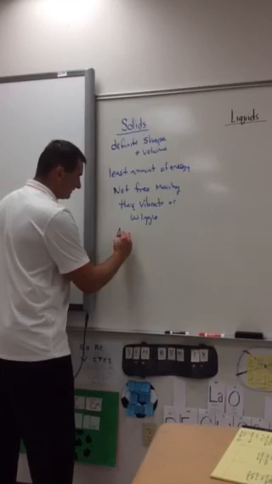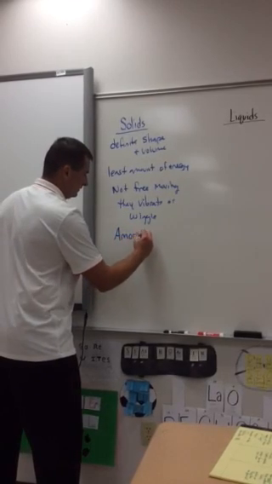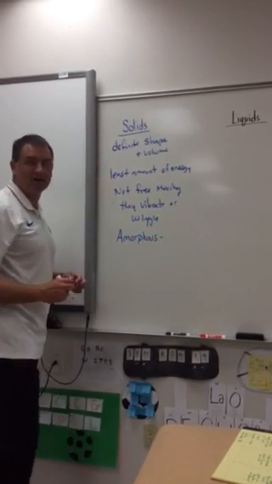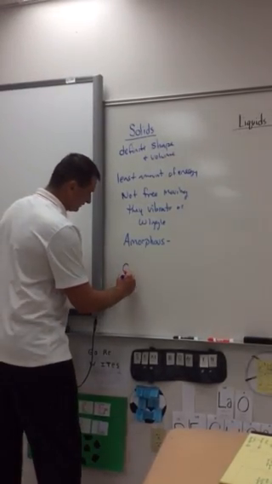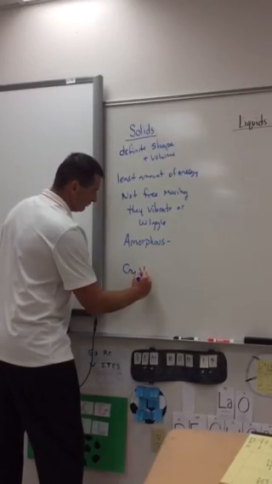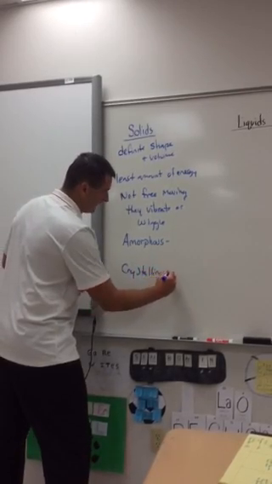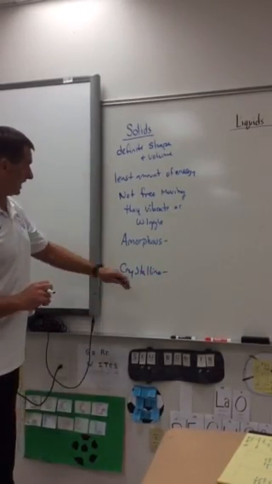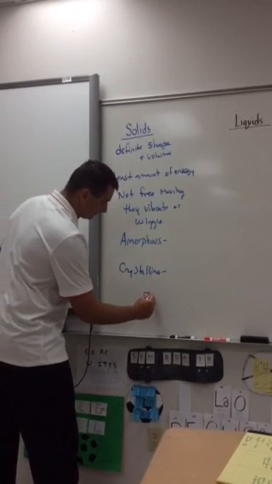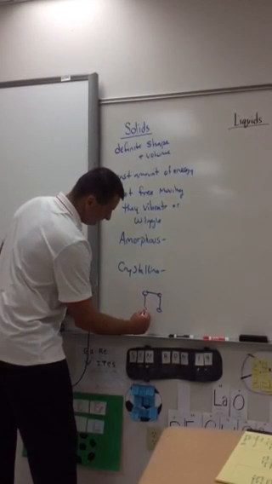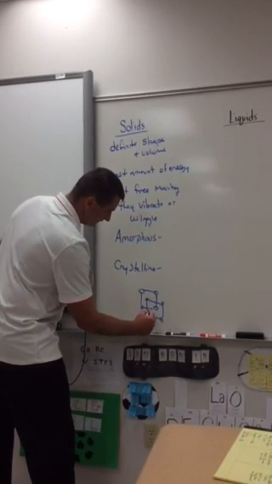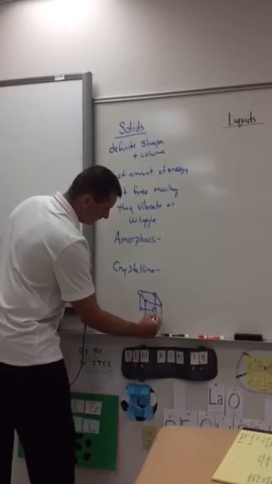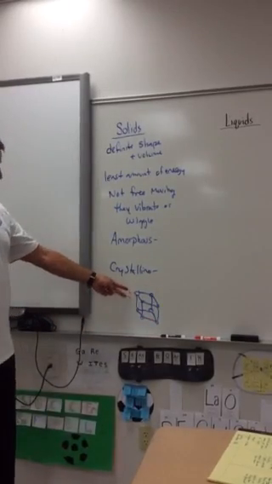There's amorphous solids, and amorphous solids are going to be like Play-Doh and plastics and stuff like that. And there's crystalline solids, and crystalline solids are the ones that have lattices. The lattices are definite structures that help make up crystalline solids, like salt or sugar.